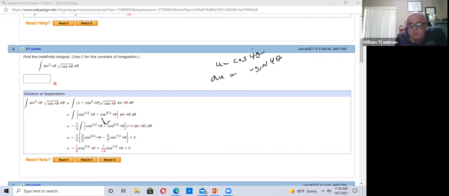Then you take the derivative of this and you get 4. We don't have the negative 4 here yet, so we have to put the negative 1/4 out in front to cancel those out. So that's what they did here.